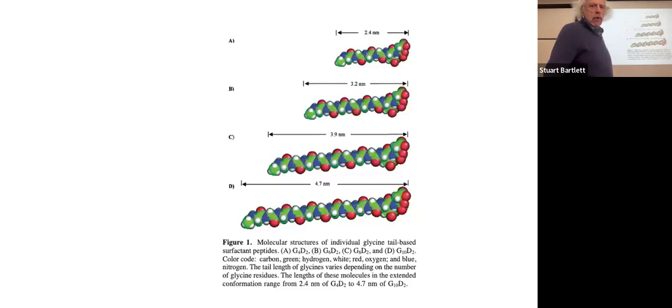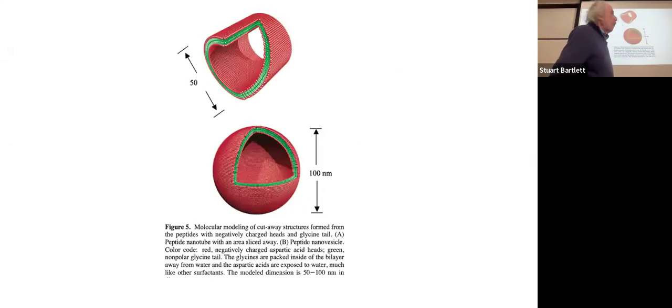prebiotic molecular evolution. And these were the things that we used. These are the different tails with the aspartates. And this is what they formed. They formed these beautiful vesicles.